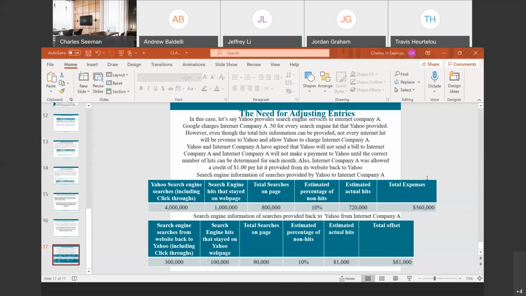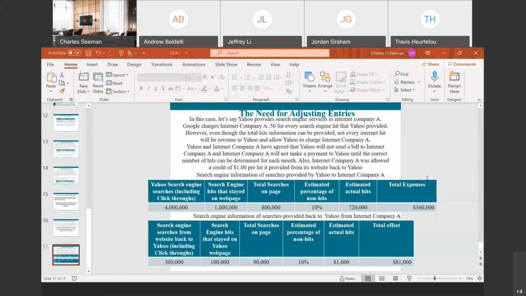So when you go to Yahoo and you search for something and you click on it and it takes you to a company, let's say you want to buy something from Walmart and you don't know how to spell Walmart. Or you don't want to go to walmart.com, you want to go through Yahoo. So you go to your Yahoo or Google search engine and type in Walmart, and it takes you to Walmart.